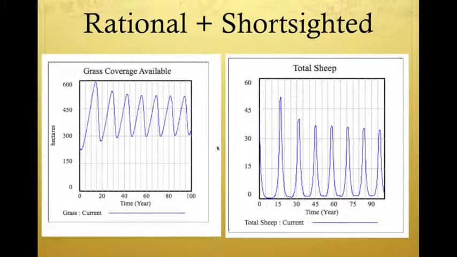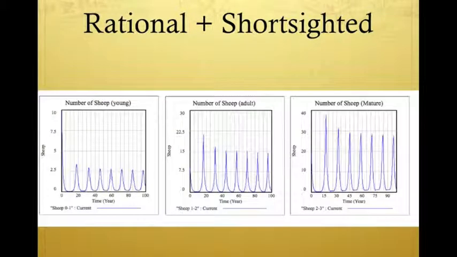When grass gets consumed, the sheep collapse because they start dying more. There's no grass to eat. So this results in cycles of ups and downs in the system. You can also take a look in this same simulation at the sheep per cohort.